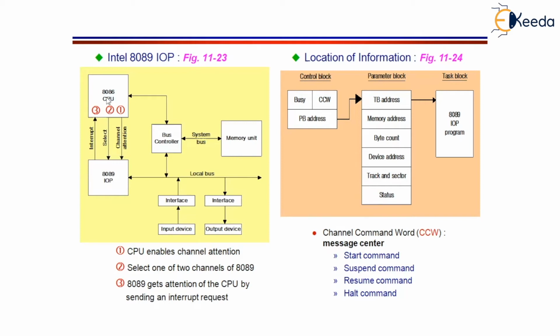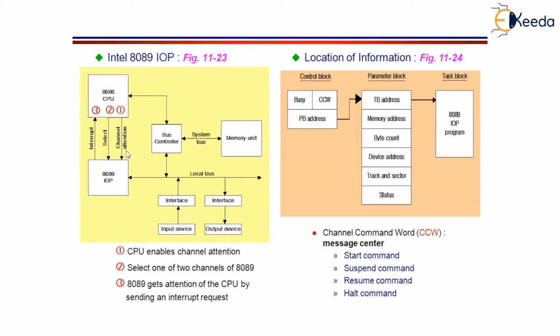Now, let us say 8086 wants to initiate a task to 8089. That is, some IO program needs to be transferred to 8089. Intel 8086 wants 8089 to carry out an IO task, that is, transferring information from a peripheral device to the main memory or vice versa. So 8086 is going to communicate with 8089 by using the channel attention and select lines.